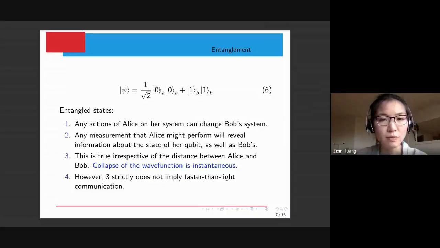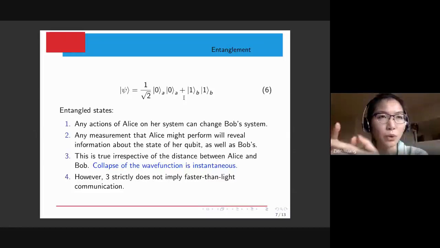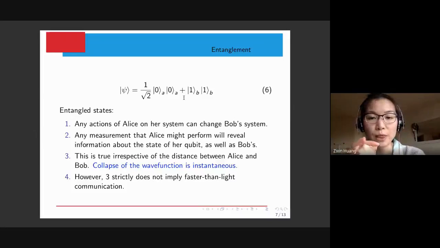For example, if Alice chooses to measure in the computational basis, which is Z, or the X basis, which is plus or minus, she will collapse her part of the state onto one of those states, and she'll immediately know what Bob's system would have collapsed to.